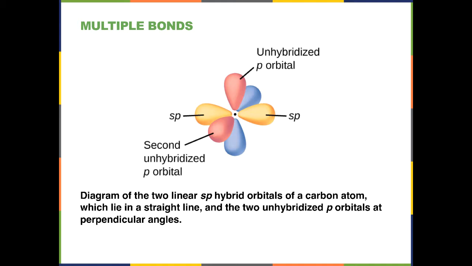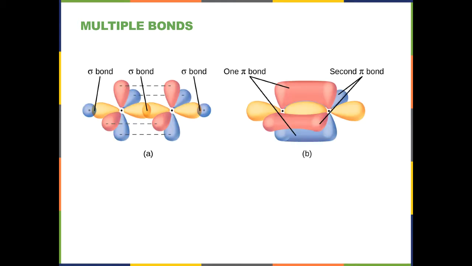Now what this wants to show you is how you would form acetylene or ethyne, which is C2H2. And what happens here is you end up with sp hybrids and 2 unhybridized p orbitals with electrons in them. And so what you end up with is the sigma bonds again, and 2 pi bonds.